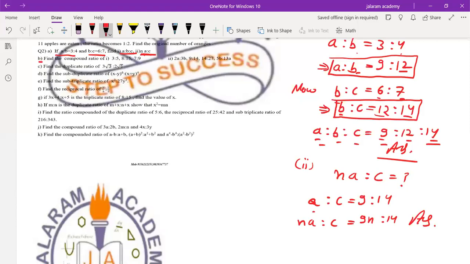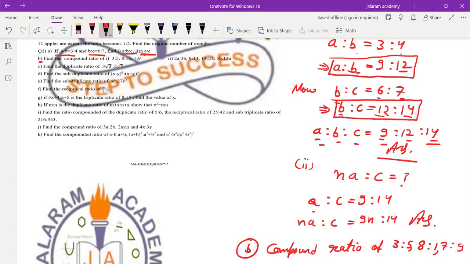Now question number B, we have to find the compound ratio of 3 is to 5, comma 8 is to 15, comma 7 is to 9.